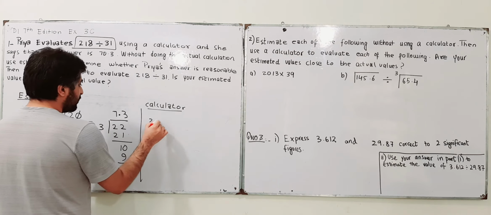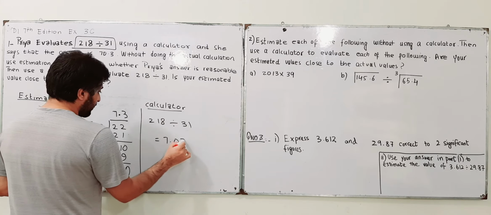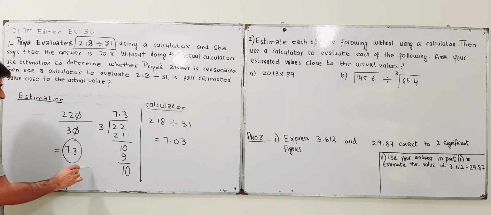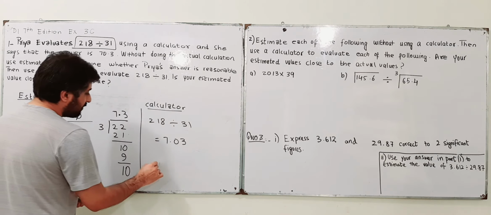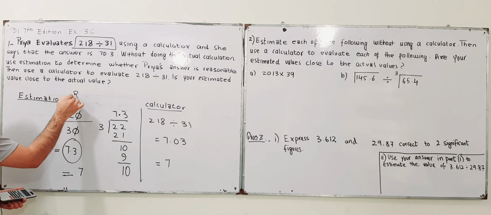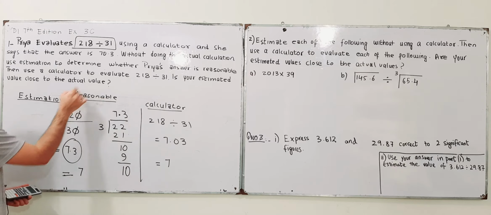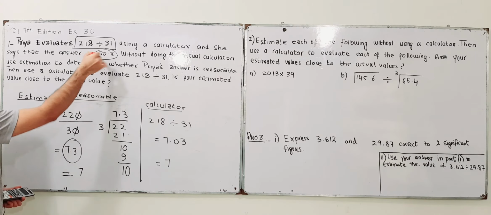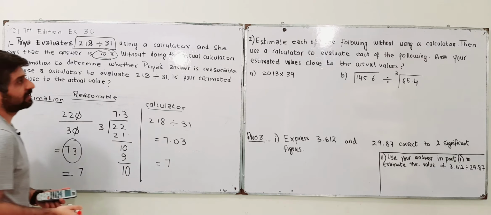That is reasonable because if I round off 7.3 to the nearest whole number, my answer will be 7, and 7.03 rounded to the nearest whole number is also 7. So my answer is reasonable. As far as Priya's answer is concerned, that is not reasonable. What I have done is reasonable.